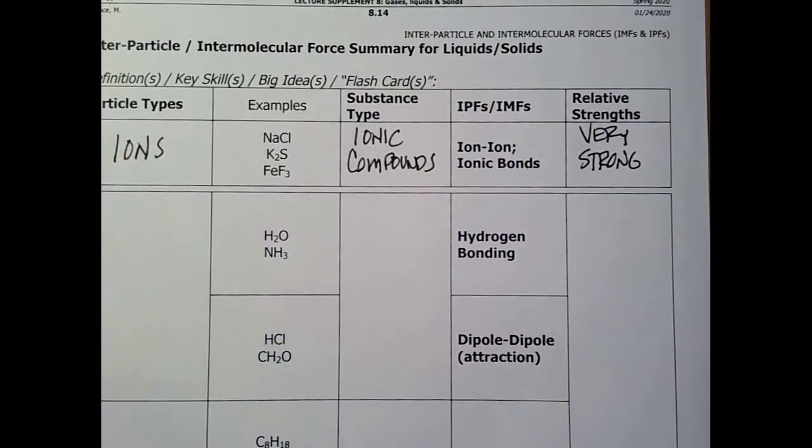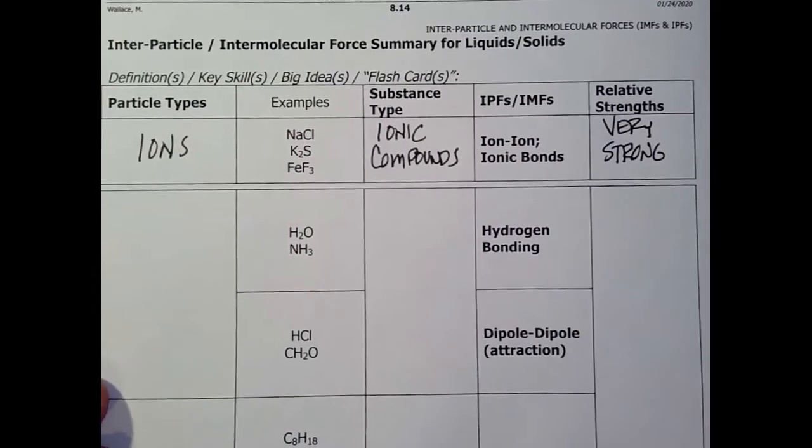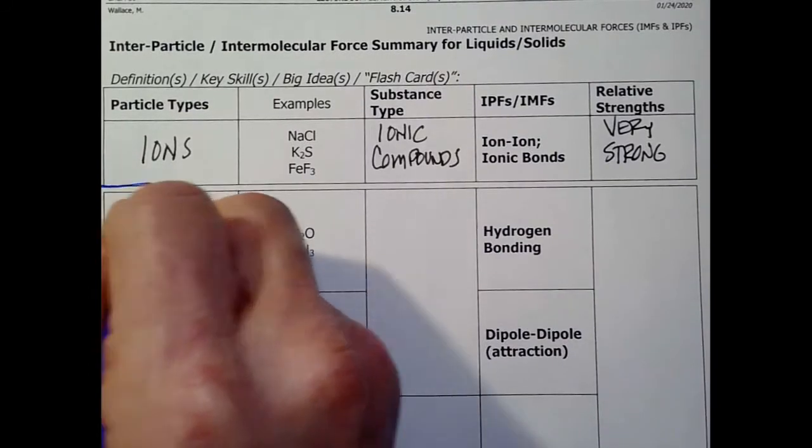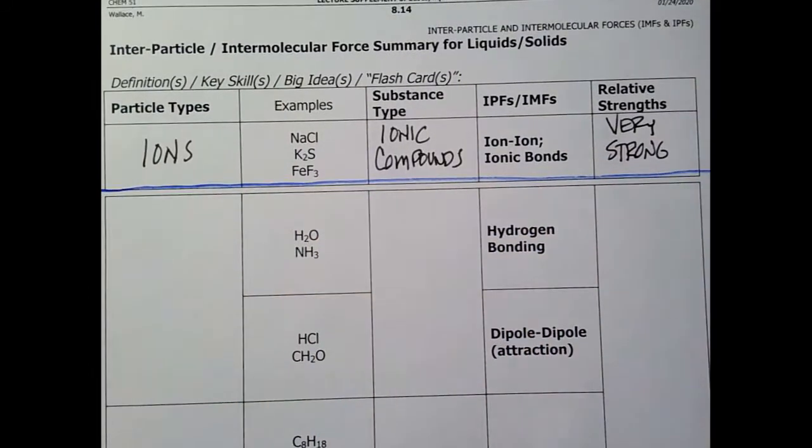You might remember from early on in the semester, we did some experiments with some ionic compounds and molecular compounds. And we said, wow, ionic compounds had high melting points, high boiling points. It's because the interparticle forces are very strong. We're going to come back to that later. So they're in their own category. We're really not going to look at this much in chapter 8 other than to just say, oh yeah, there's some particles really sticking together in a strong way.